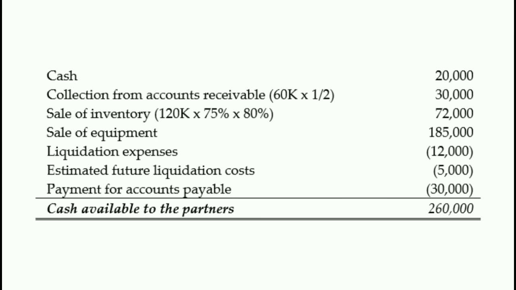Plus, sale of equipment, 185,000 pesos minus liquidation expenses, 12,000 pesos, minus estimated future liquidation expenses, 5,000 pesos, minus payment for accounts payable, 30,000 pesos. That is equal to cash available to partners, 260,000 pesos.